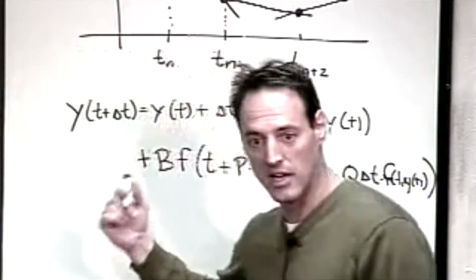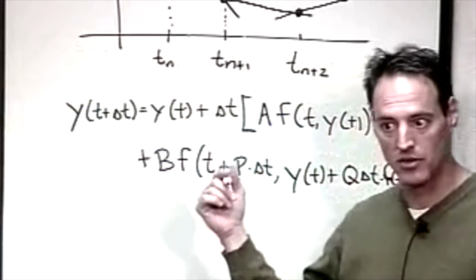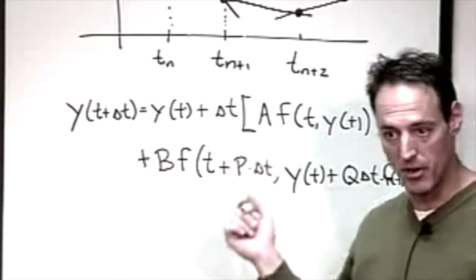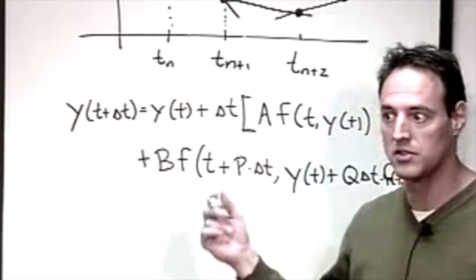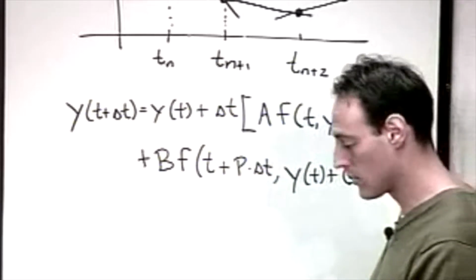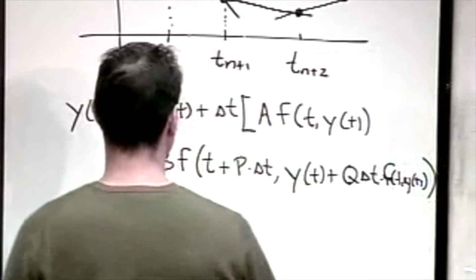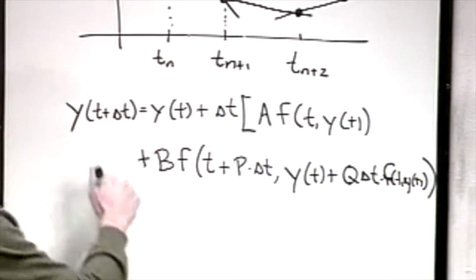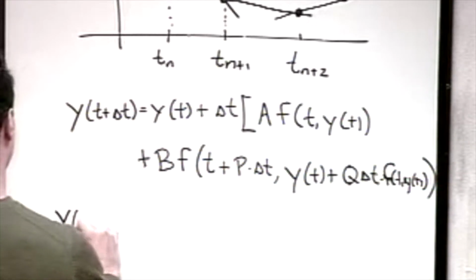So people spend a lot of time working on this stuff. If you get a better scheme, you can get better accuracy. And all that's based on Taylor expansions. Now, I'm not going to go into the details of the calculations, some of them are in the notes. But I want to say this. Y of t plus delta t, if you use Taylor expansion on that, you get the following.